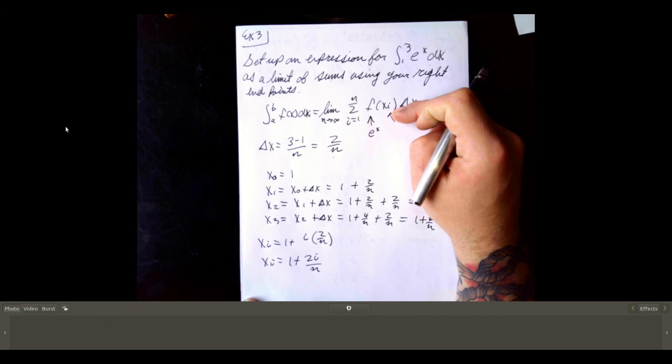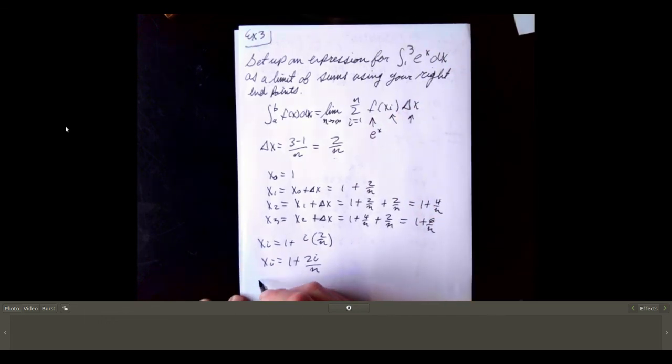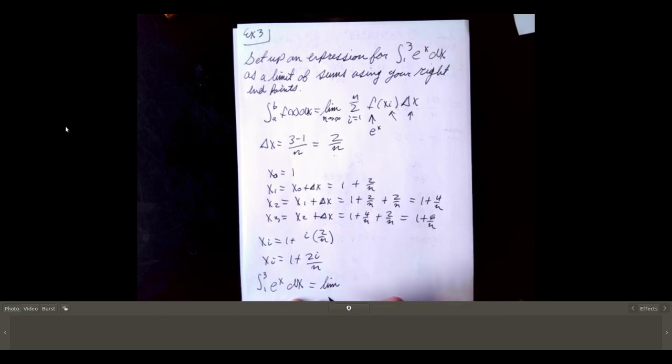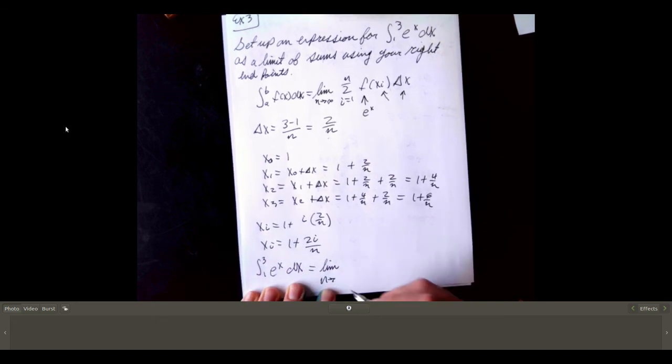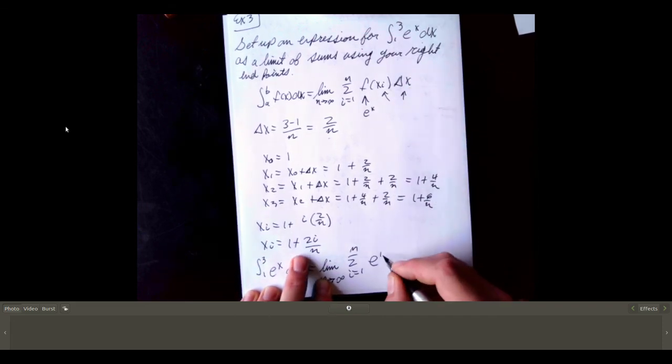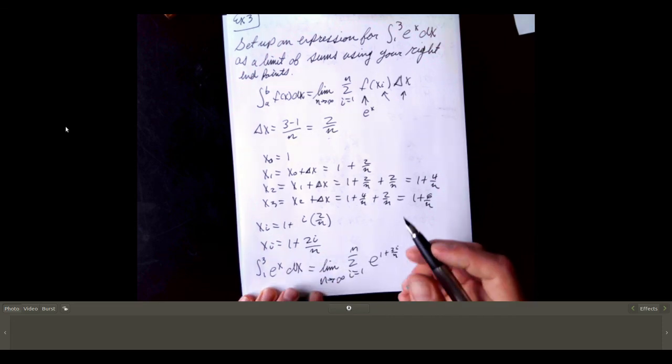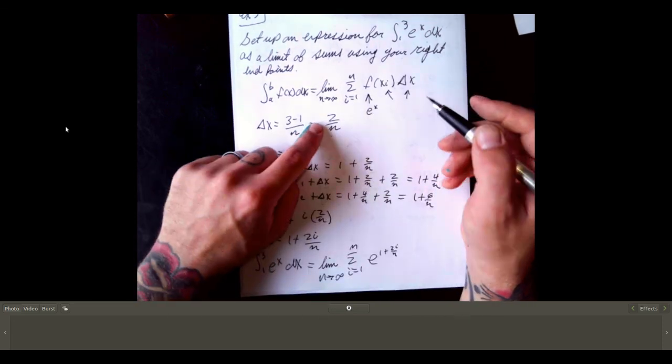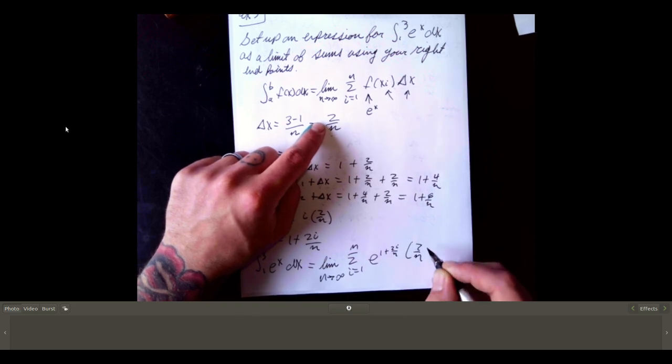Now we finally have all the pieces that we need. We get that the integral from 1 to 3 of e to the x dx is equal to the limit as n goes to infinity of the sum from i equals 1 to n of e to the 1 plus 2i over n, times our delta x, which is 2 over n.